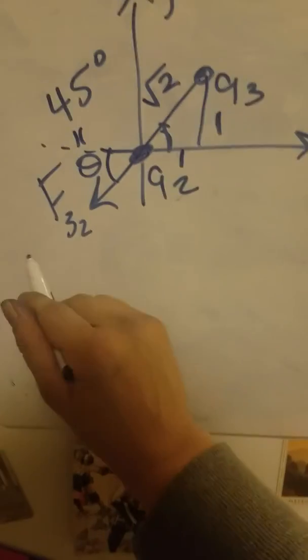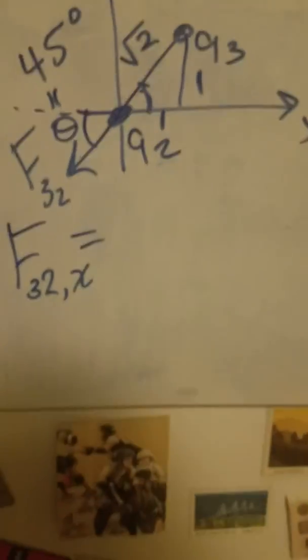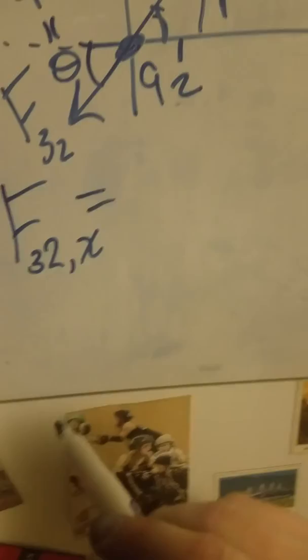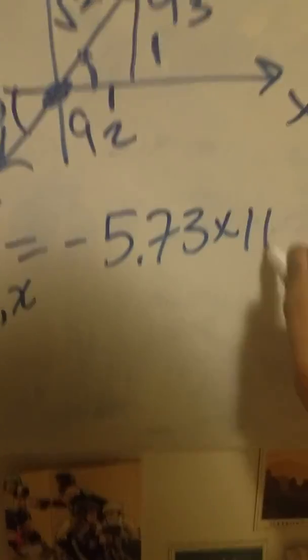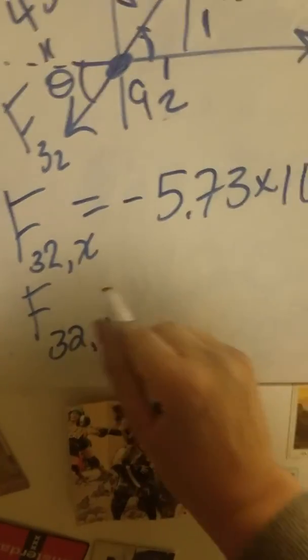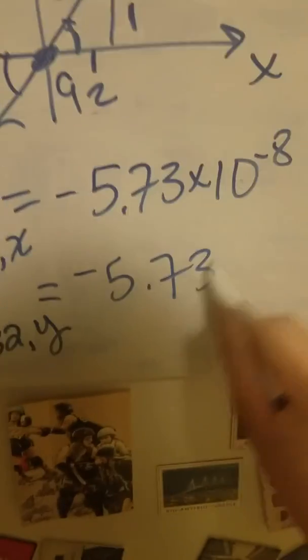So F32x is going to be equal to 5.73 times 10 to the negative 8th newtons. And because it is 45 degrees, it turns out F32y is also going to be equal to that.